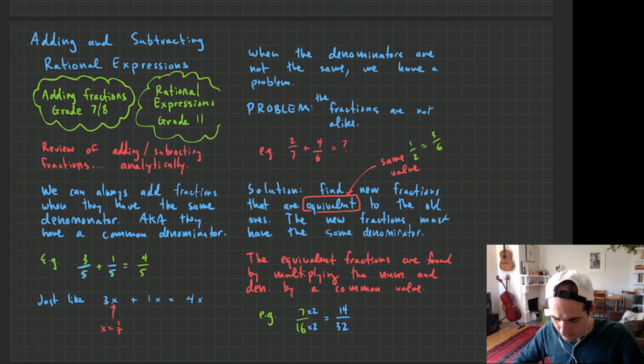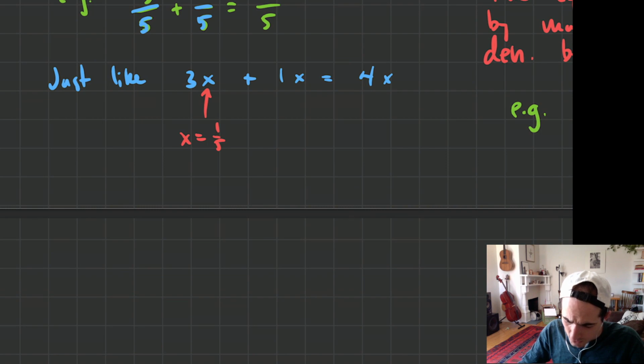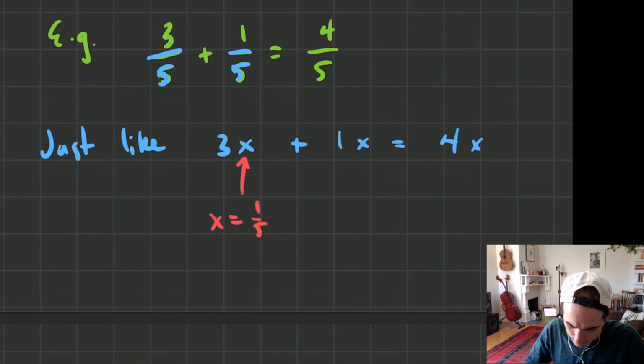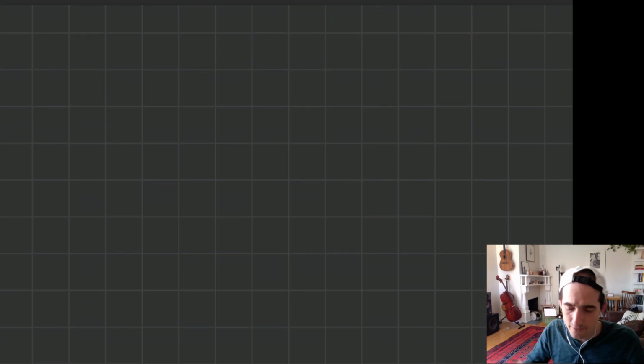So let me just go back over here. If we want to find two fractions that have the same denominator and are equivalent to others, well, that means we have to find a common denominator, a special type of common denominator.